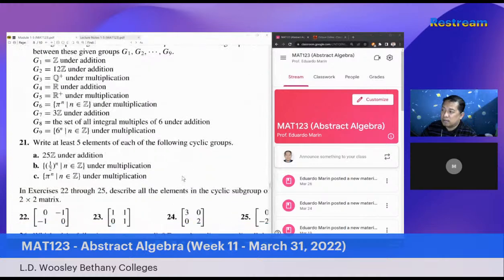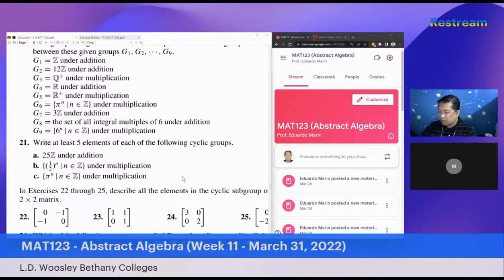All right. Here, 21. Write at least 5 elements for each of the following cyclic groups. So meaning umiikot. So there's a cyclic group here. What would be the 5 elements? For an integer has modulo 25.